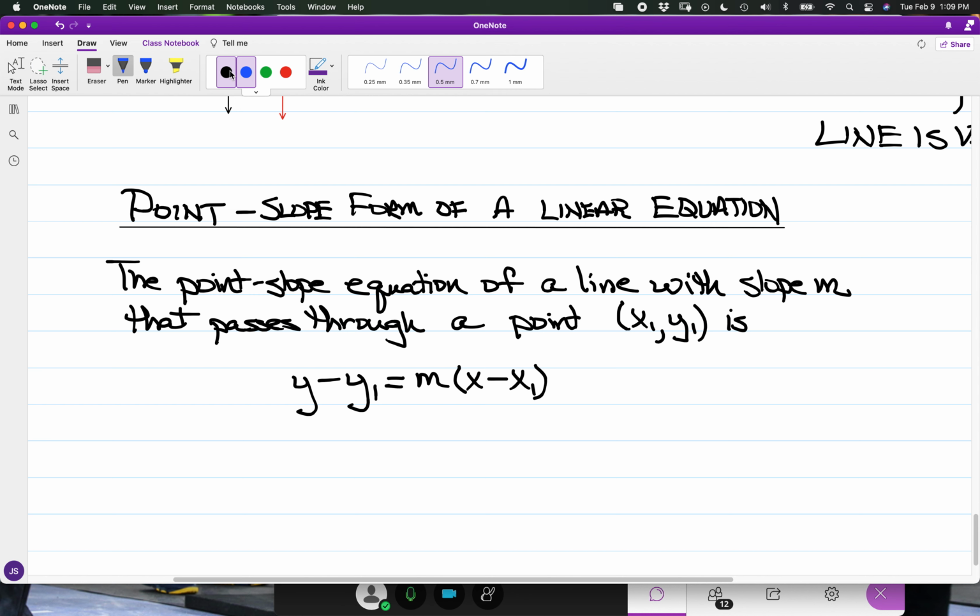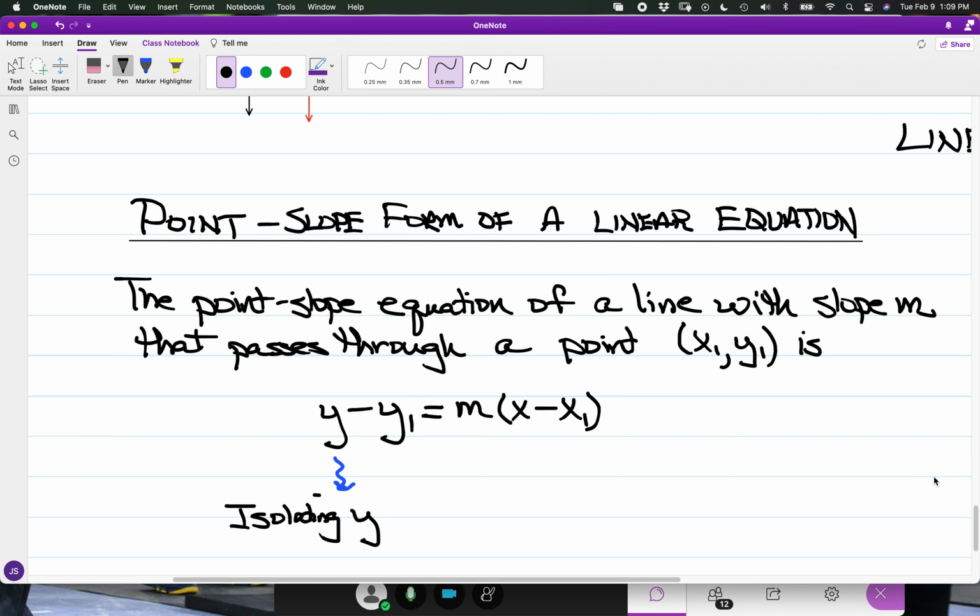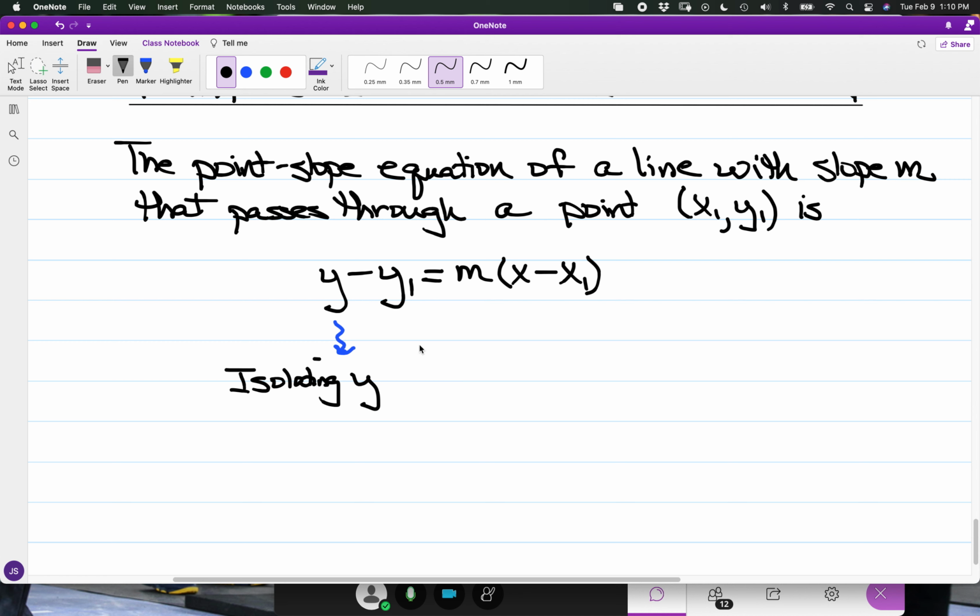Okay, now for this y that we have here, so for isolating y, this is going to be our point slope equation. And isolating y will lead to what's going to be referred to as the slope-intercept equation.